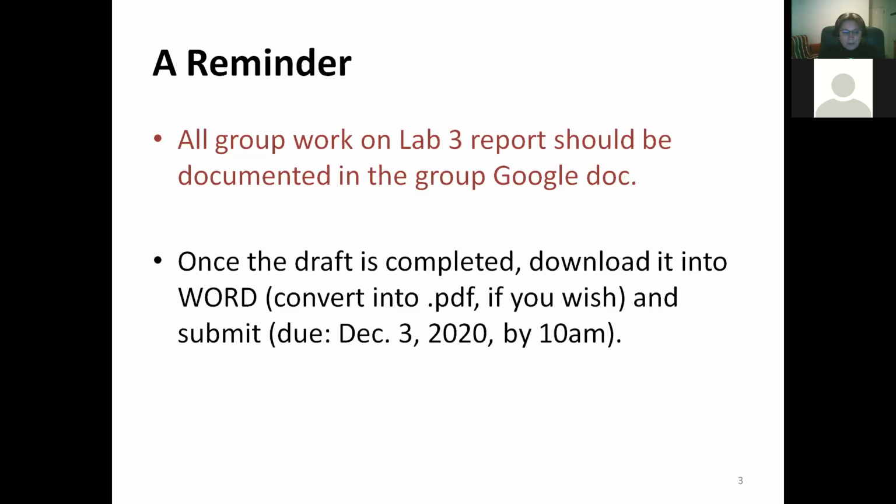It will be for both assignments 1 and 2, except for people who have been working in one group and then in another group will have to do assignment 2 because that's the one that carries the most points. So once it is completed, you should download it from the Google Docs into either a Word for Windows and then convert it into PDF, or whatever other program you're using.